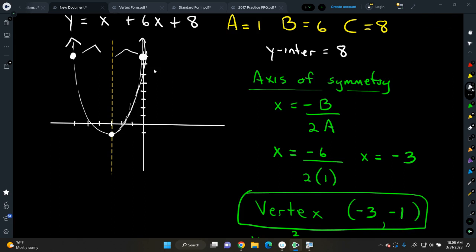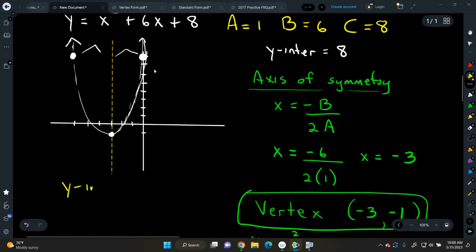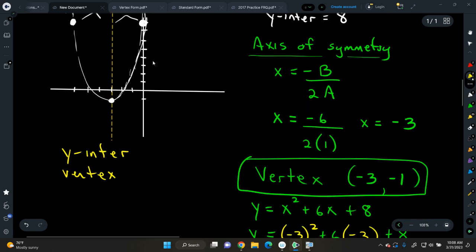Okay. The vertex form, the advantage is that we can quickly see the vertex and the axis of symmetry. The standard form, what can we quickly see? The y-intercept, right? We can figure out the vertex, but then we get a better shape.